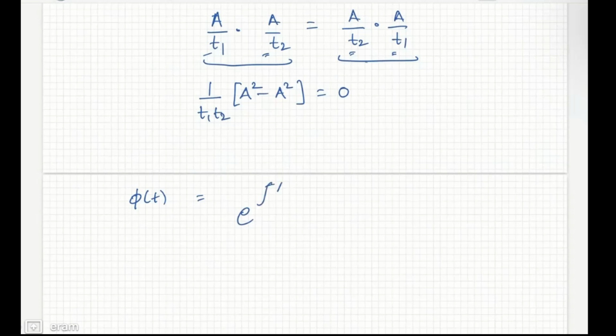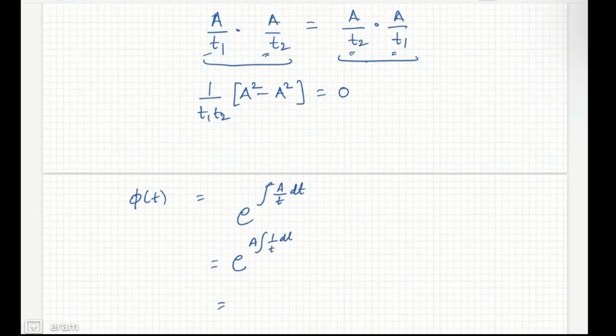Instead of a we have a by t into dt. So this will be our state transition matrix. This a is constant, we can take it out, and it is 1 by t dt.